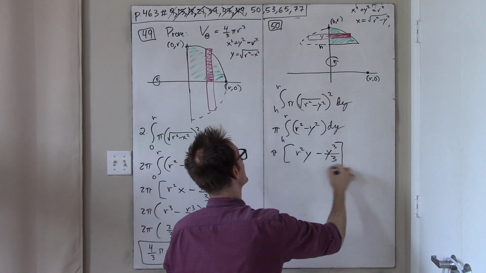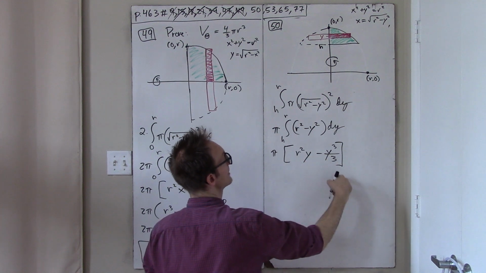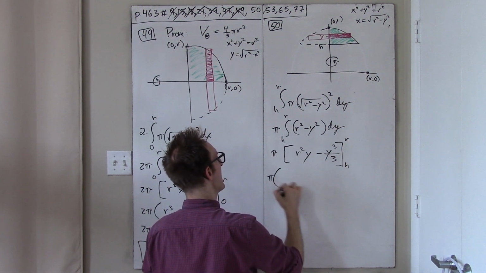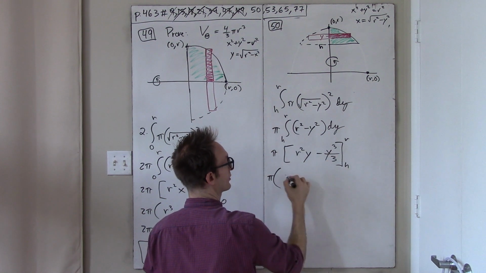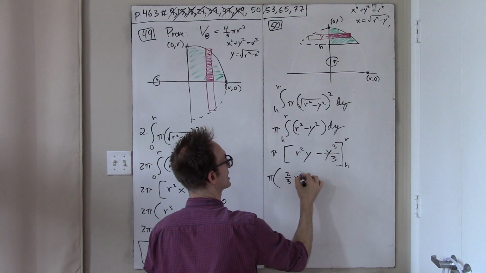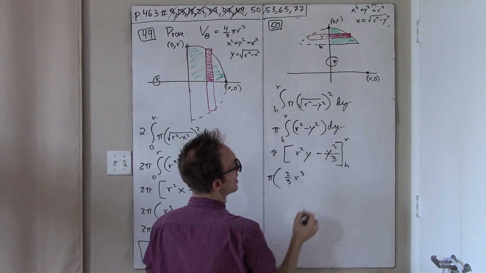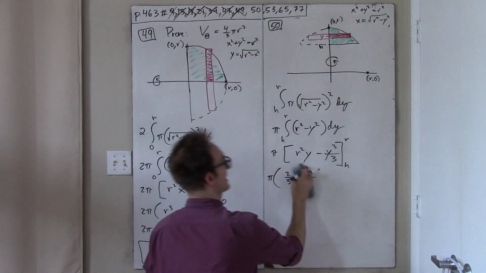So this is almost exactly like the previous problem. But now the limits of integration are r and h. So when I plug in r, I get r cubed minus r cubed over 3, so 2/3 r cubed. But then minus, maybe I shouldn't skip steps.